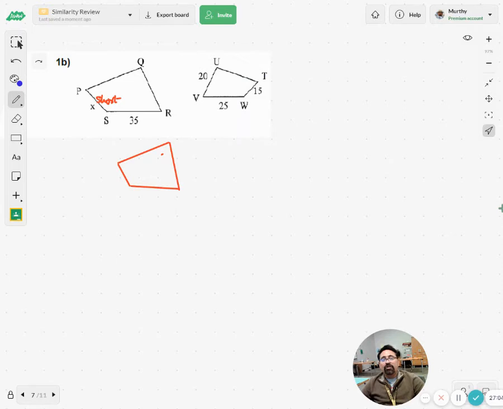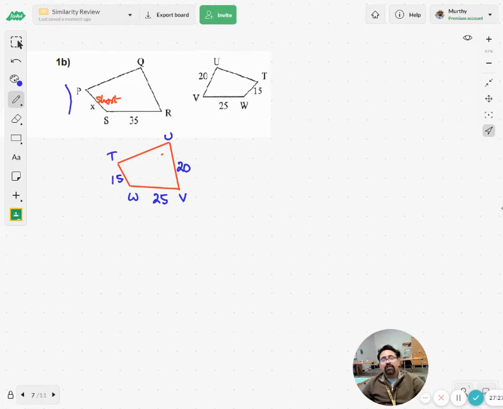T is at the top, W is at the bottom, and the longest one is UV, with U at the top and V at the bottom. I see that VW is 25 here, VU is 20 here, TW is 15.